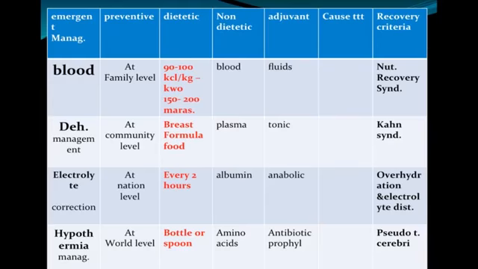What about the preventive measures? To prevent these malnutritions, it should be prevented at the family level, then at the community level, at the national level, and at the world level. At the family level, we have to encourage breastfeeding. We have to educate the mother about the weaning practice, about how to prepare the artificial formula, about the disorders which may give rise to protein energy malnutrition.